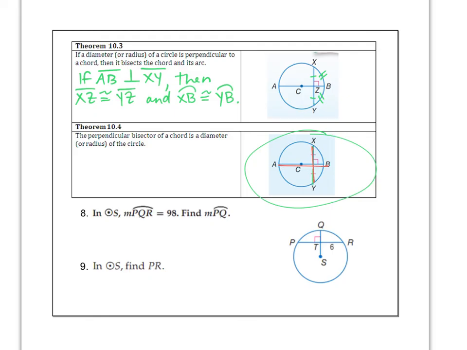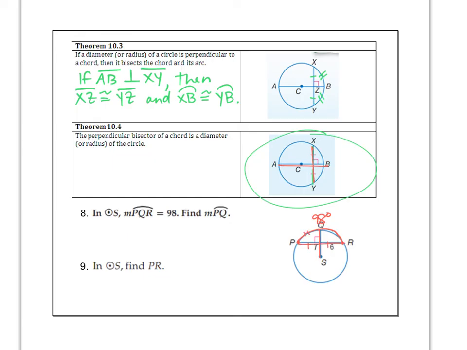Take a look at number 8. In circle S, the measure of arc PQR is 98. Everybody find arc PQR. It goes from P to Q to R. That arc is 98 degrees. It wants you to find the measure of arc PQ. Well, because this radius is perpendicular to this chord, it's going to cut the chord in half.